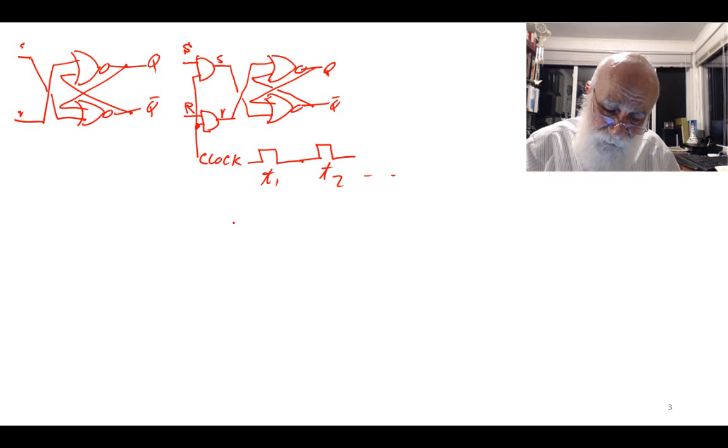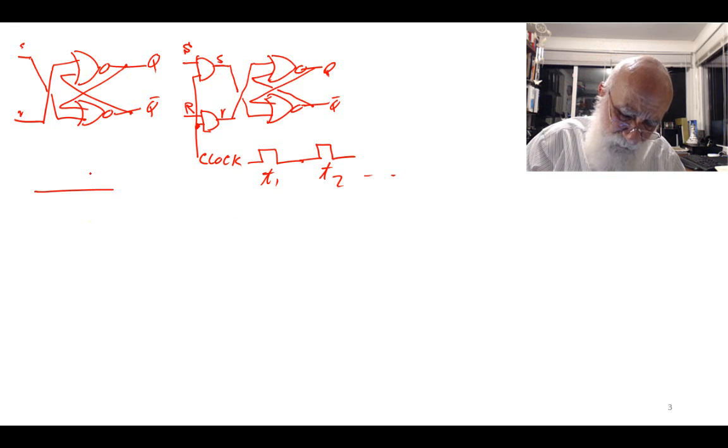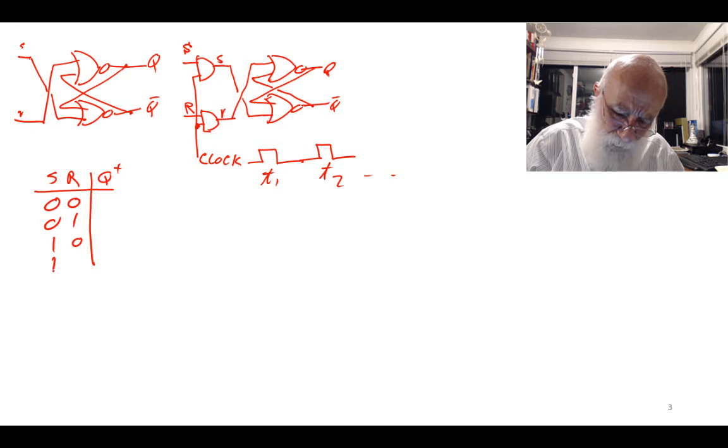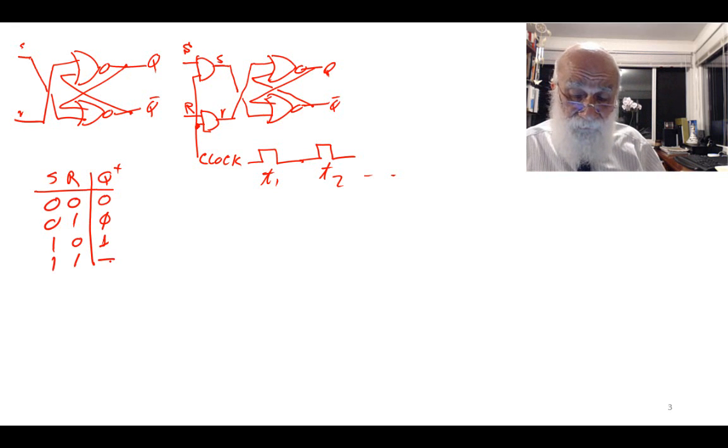I'm gonna redraw the transition. Let me do the transition table of this. This is S R Q plus: 0 0, 0 1, 1 0, 1 1, and we said this makes it no change, this makes it 0, this makes it a 1, this is a no thing.